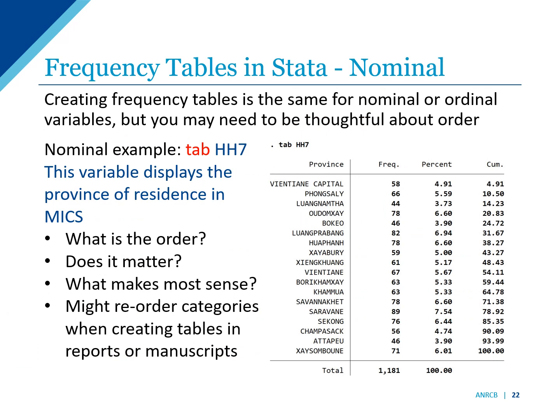Creating frequency tables is the same in Stata for nominal or ordinal variables, but you may need to be thoughtful about the order. This is a frequency table of the nominal variable HH7 in the mixed data, which is province of residence. What is the order here? Is it in descending order of province size or population?